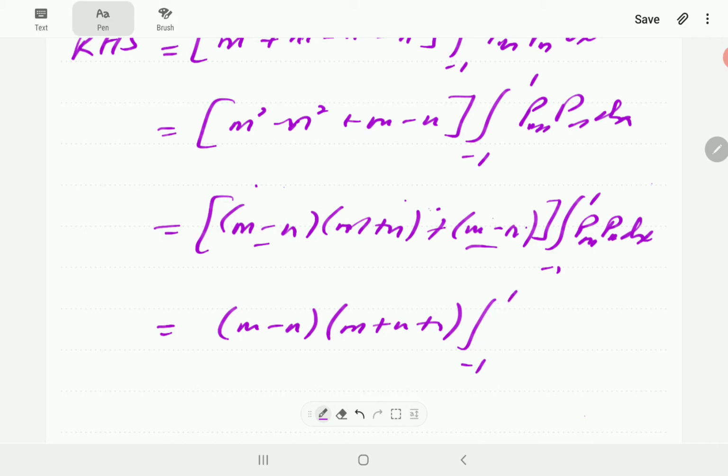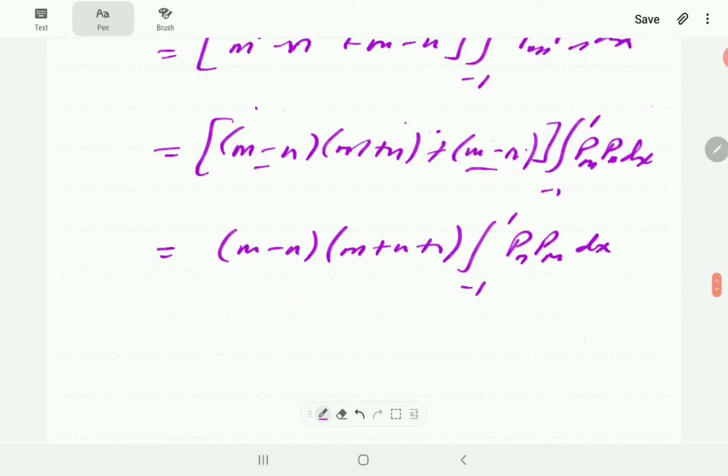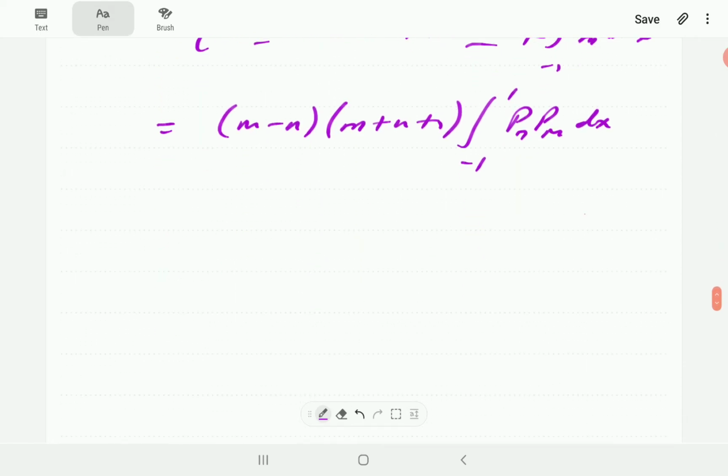Now remember, we have just found that the left hand side is equal to 0. So what this is telling us is that this right hand side must be equal to 0 as well. Well, how can this be 0? This one cannot be 0 because m and n are positive.